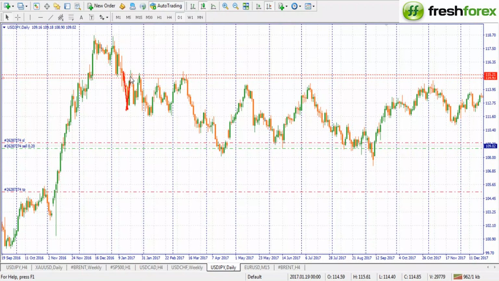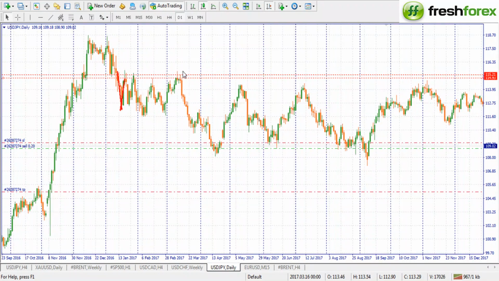So you'll be able to pick a sell from within that zone, hold it. When it comes back, you still have a sell. It goes down, comes back, you still have a sell.